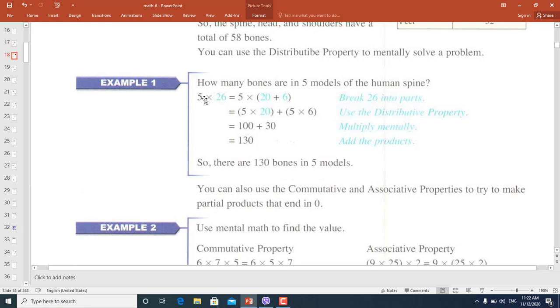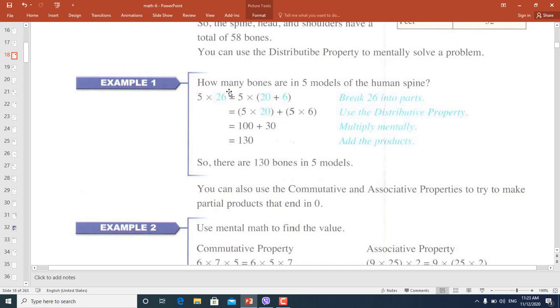Also, we have another property, the distributive property. Let's see what that is. For example, we have 5 times 26. We know that 26 is made up of 1s and 10s, so we can make it in two parts, 20 plus 6. We write the 5 again. The first time we multiply it with 20, and the next time we multiply it with 6.